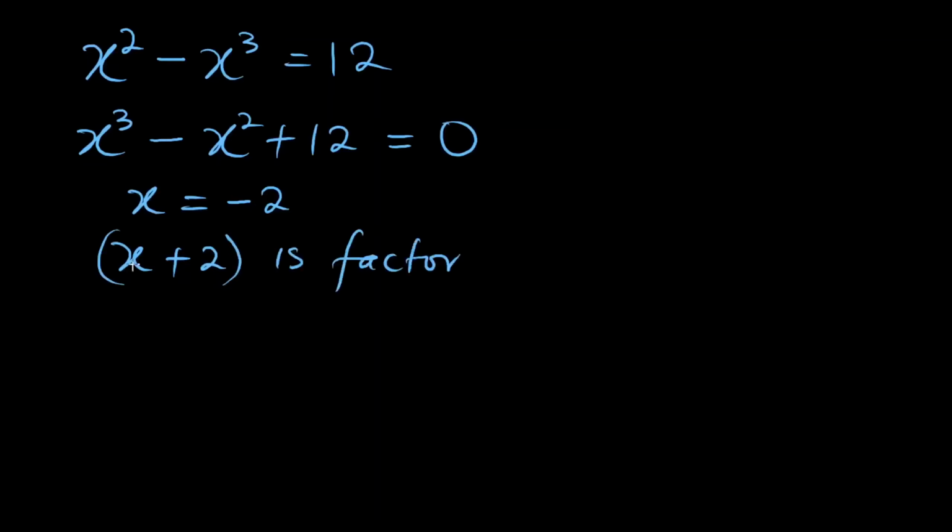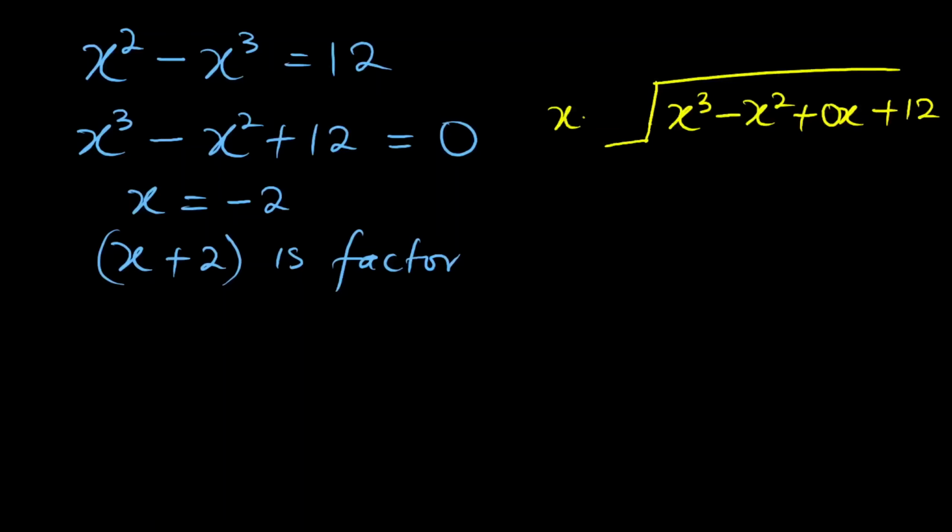So what we are going to do here is divide this expression on the left hand side by this factor. So if we do that division, here is what we get. We are going to have x cubed minus x squared plus 0x, just to fill in the gap, plus 12. Then we divide that by x plus 2. The factor that goes here is x squared, so that will be x to the power of 3 plus 2x squared.